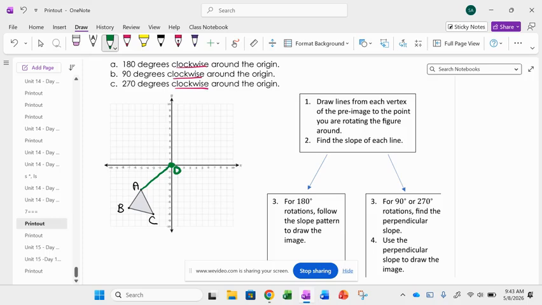Then you want to find the slope of each line. So to find the slope from point A to my center of rotation, I am going up 1, 2, 3, 4, and I am going to the right 1, 2, 3, 4, 5.